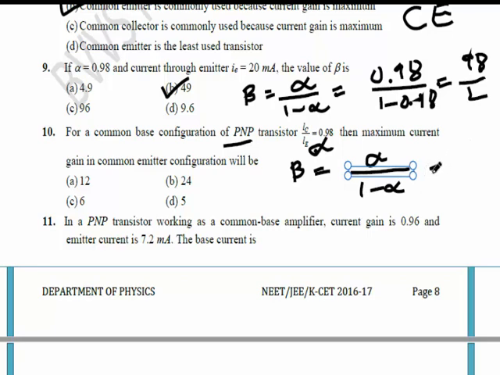If you do the calculation, 0.98 by 1 minus 0.98, it will become 49. 49 is not given in the options. So 49 is the correct option, not printed in the options. So there is a mistake, option 49 is not given.